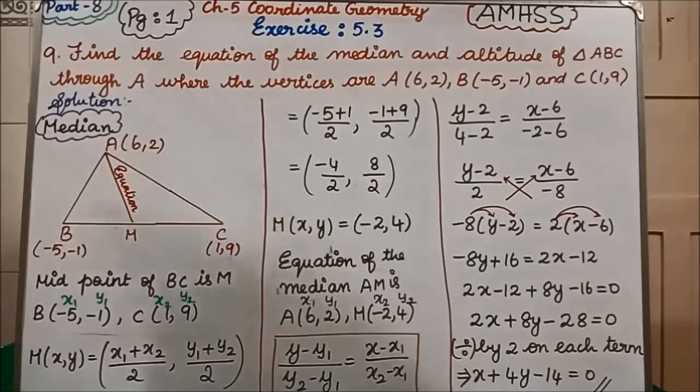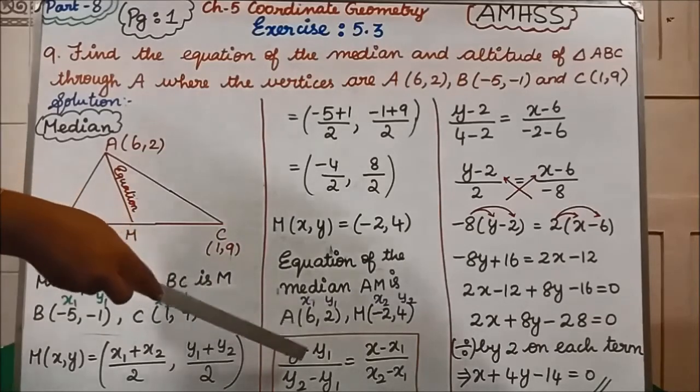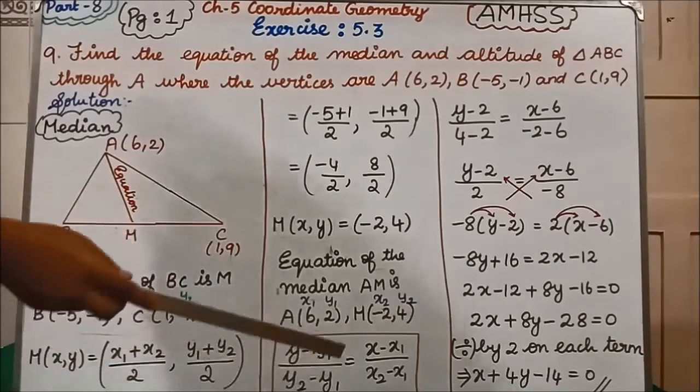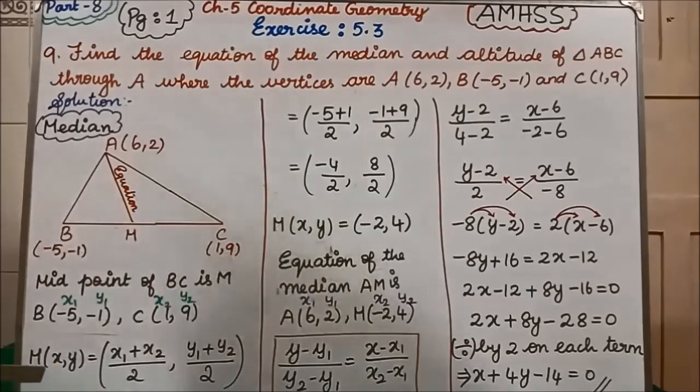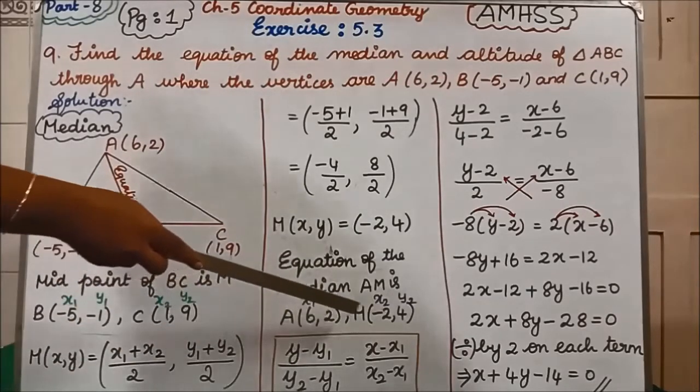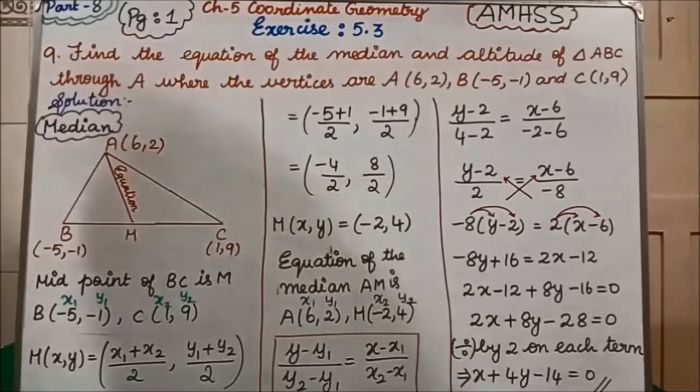Using the two points, if you want to frame the equation, what formula will you apply? (y - y1)/(y2 - y1) = (x - x1)/(x2 - x1). We know x1, y1, x2, y2. According to that you substitute.